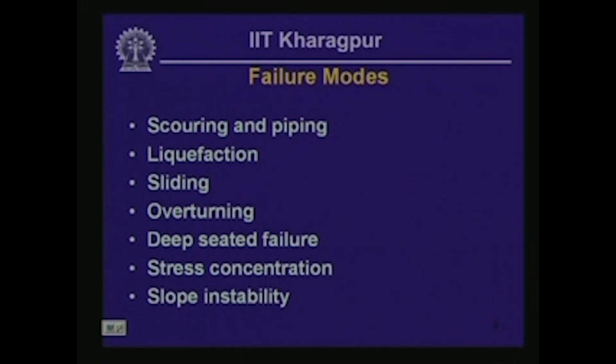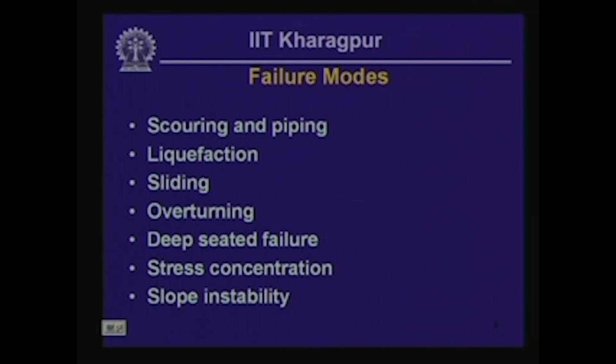Now let us look at the failure modes. The second important consideration is the failure mode. The first failure mode, and this is perhaps the most important one, is scouring and piping.